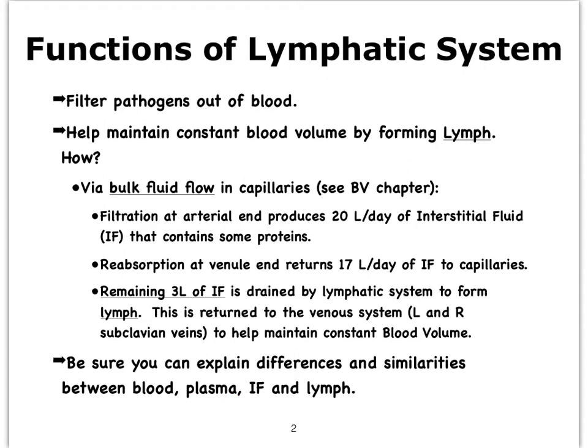So pretty much whatever we find in plasma, whether it's proteins, lipids, hormones, vitamins, and also depending on what the cells are doing at that time, we're going to see whatever's in the plasma also in the interstitial fluid, and the composition of the interstitial fluid is pretty much the same as that of the lymph.